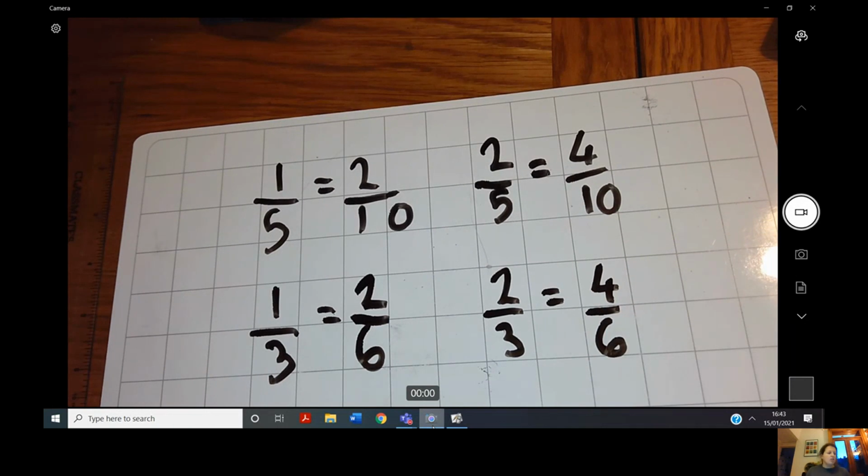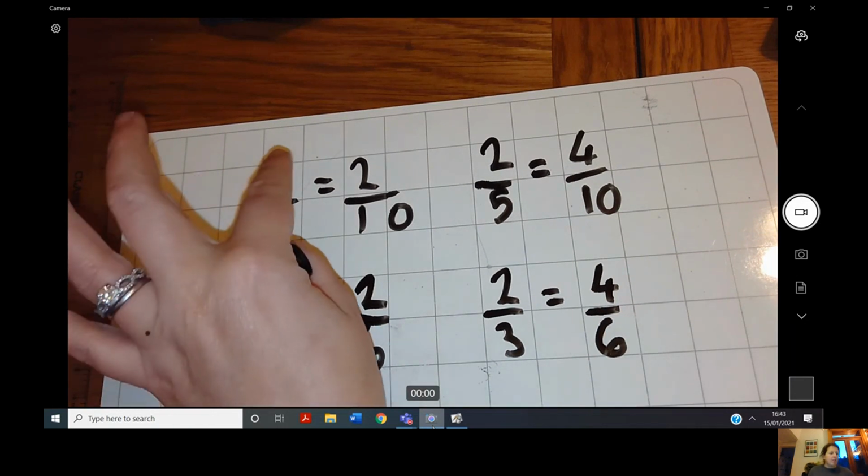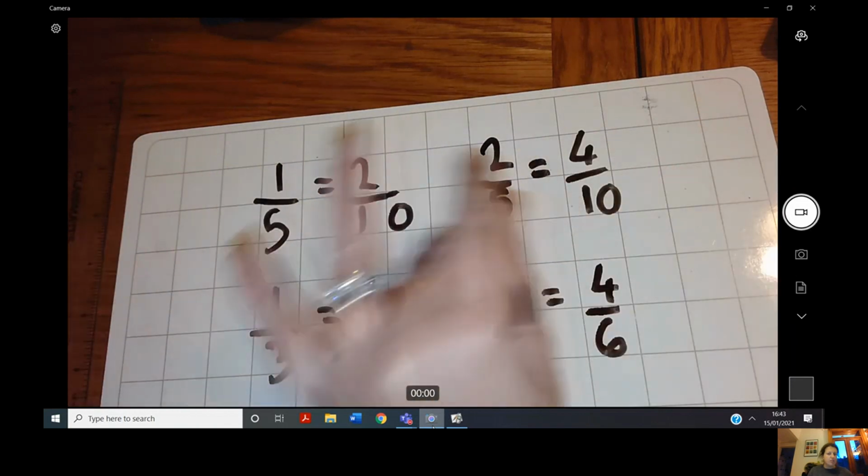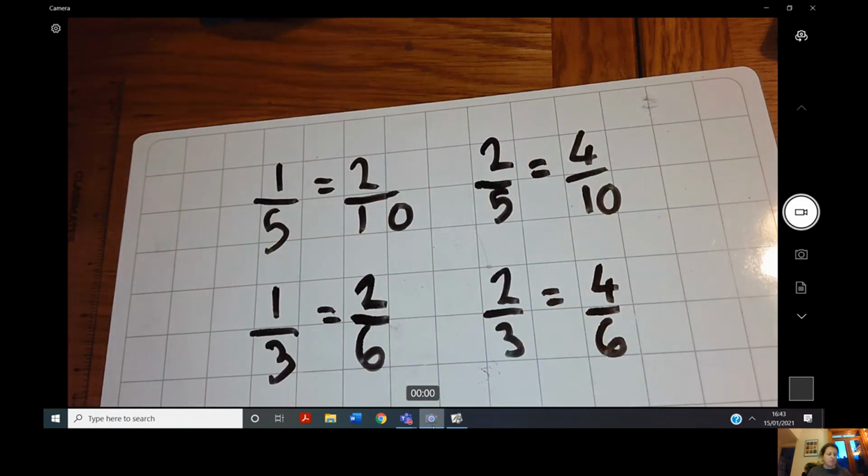Can you spot anything that happens to these numbers?